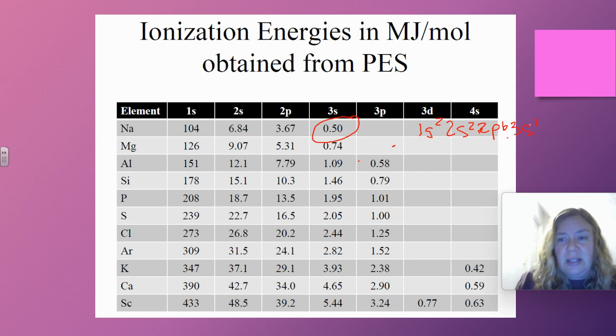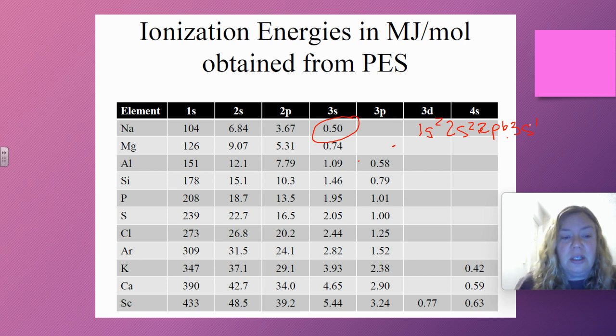That 3s1 is going to be relatively easy to remove. As you get closer to the core and closer to the nucleus of the sodium, it's going to be more difficult to remove. The 1s electrons are also more difficult to remove because of the shielding of some of the others.